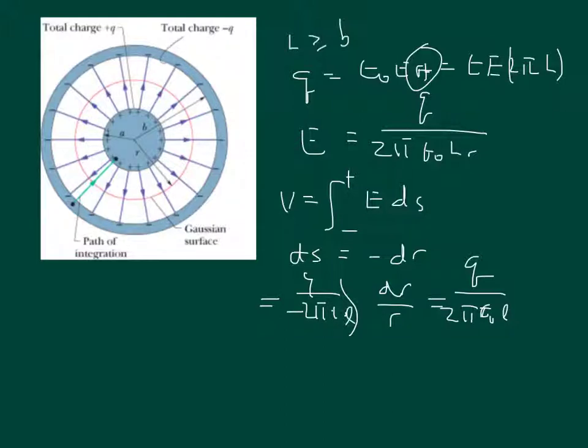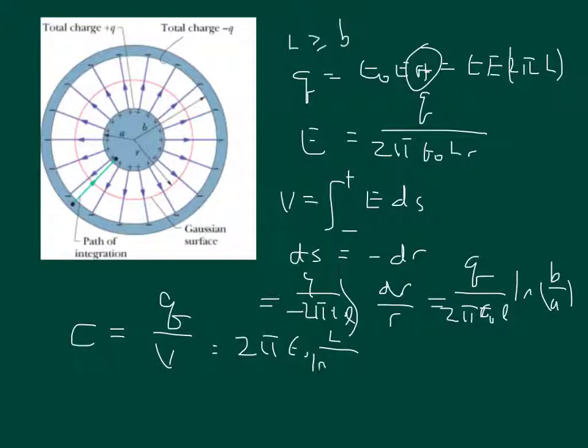Oh, I forgot L there, sorry. Capacitance equals Q over V, the electric potential. If you do the math correctly, you will get 2 pi epsilon naught times the length over ln b over a. So as we can see, these are all constants. The value of capacitance solely depends on the length and the ratio of the inside and outside radius.